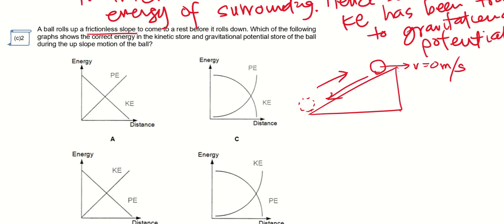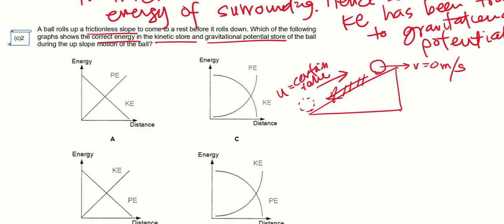Which of the following graphs shows the correct energy in the kinetic store and gravitational potential store of the ball during the upslope motion? So we are looking for the upslope motion, which means we don't care about this part. In order for the ball to go up, the initial velocity must have a certain value, correct?